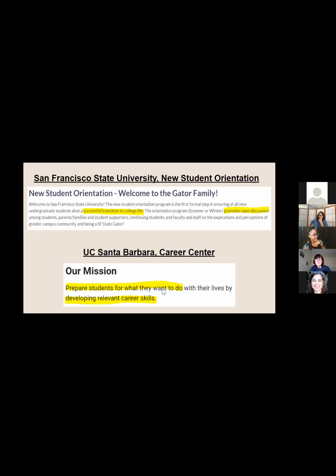Like staff need to be able to do certain things. Students need to experience certain things and then be able to do certain things. So I agree with that. Unless there are other thoughts on that in particular, the preparing students for what they want to do, I want to go back to the successful transition to college life.